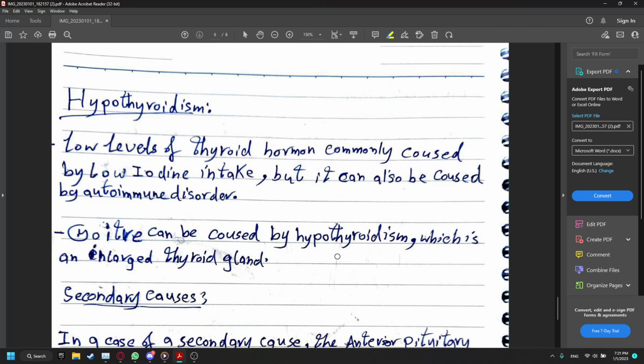I remember them showing a goiter, which is an enlarged thyroid gland, where someone's neck would be very thick. A question might ask why it is caused, and the answer would be hypothyroidism or low iodine intake. Or it might ask which of the following causes goiter, and the answer would be low intake of iodine.